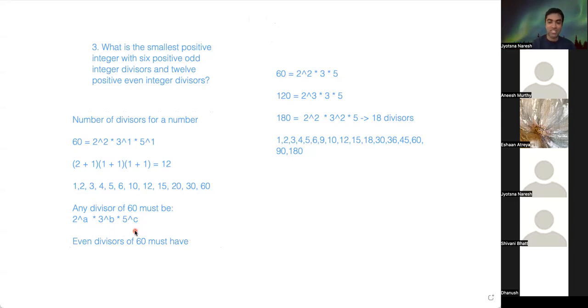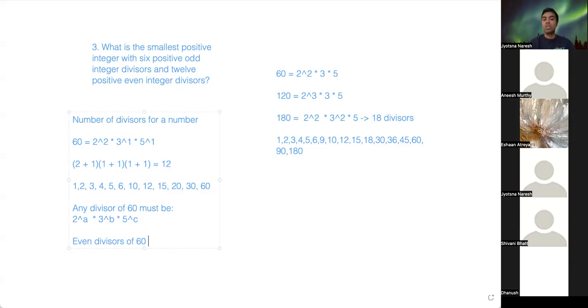Which choice is that? So if I set a to be 0, it would definitely be odd, right?